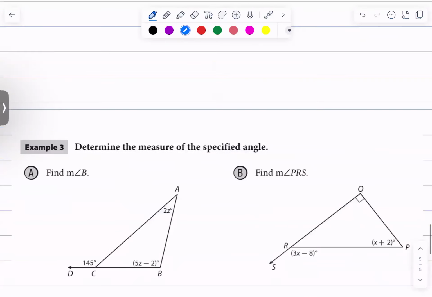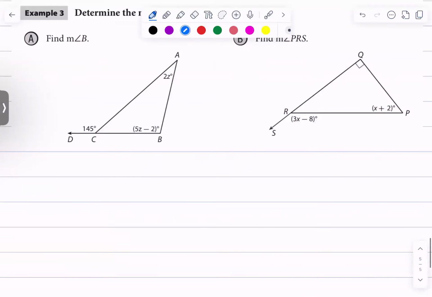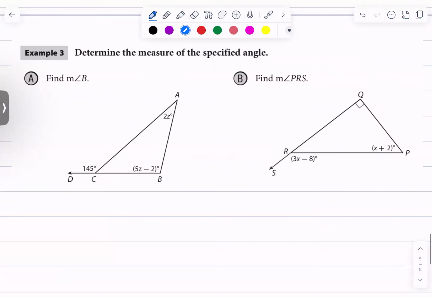All right. So I have these two as my examples to kind of help you out with this. So determine angle B, which is 5z minus 2, right? That angle right there. So using the theorem, this is my exterior angle.